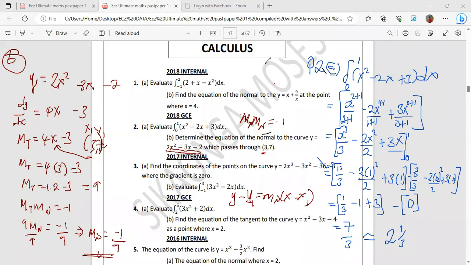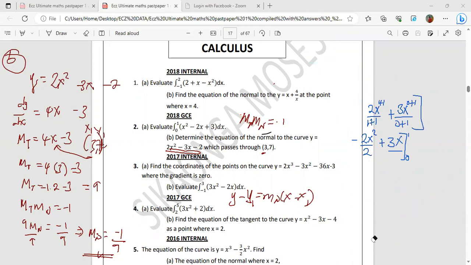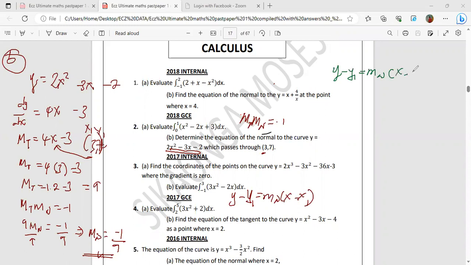Okay, so since we have the gradient there, we can now say y minus y1 equal to m n times x minus x1.